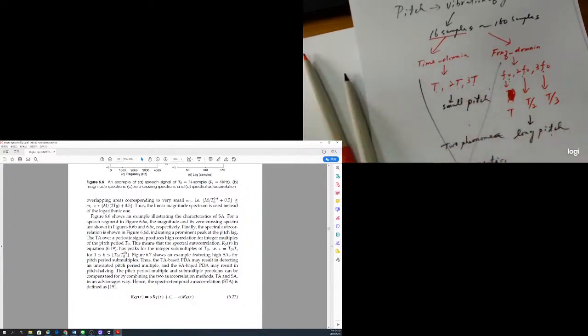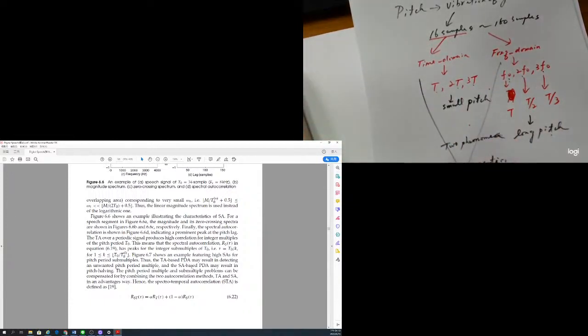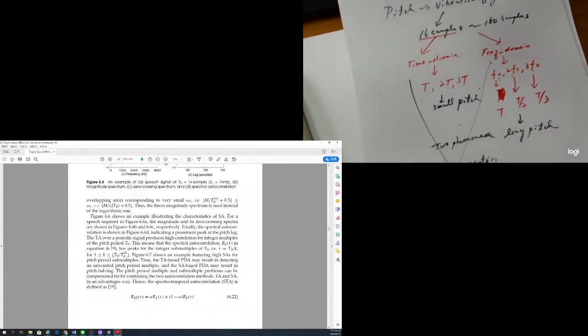So you can see they propose our cost function, considering spectrum domain and time domain autocorrelation. Maybe we find the cost function from the time domain, and also we consider the spectrum domain. We combine them together so we can compensate.